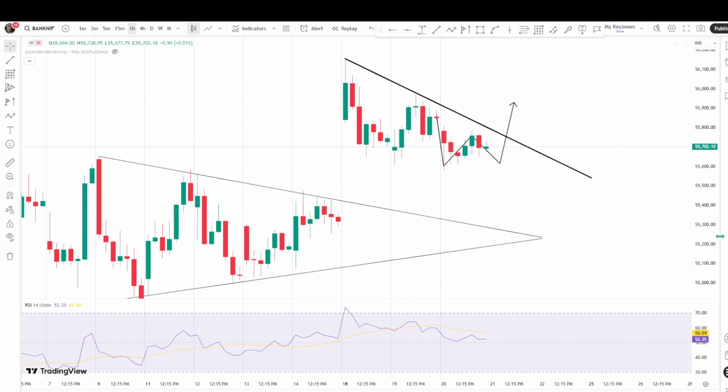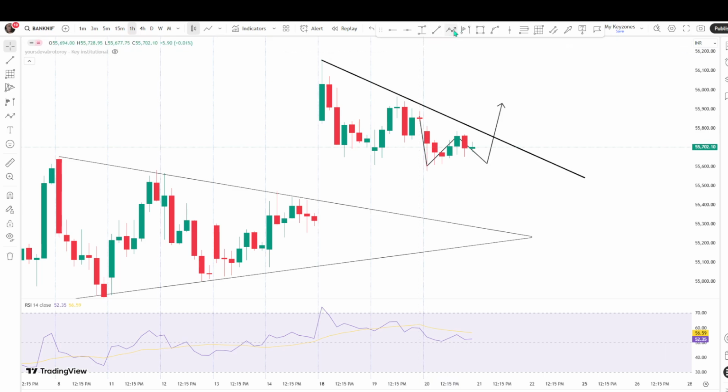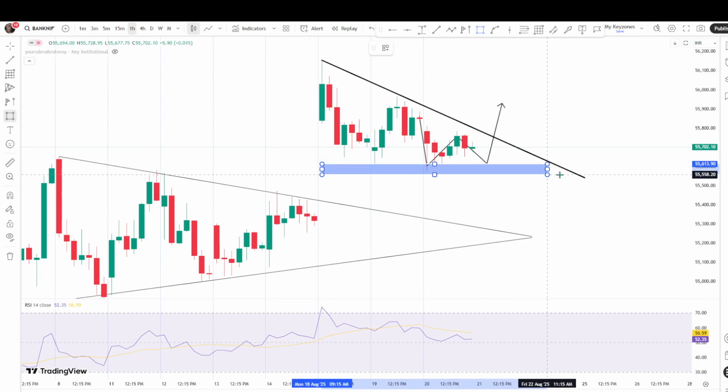I think this is on the 1 hour time frame. I will not be bearish until and unless this support is broken. It is 55,500.